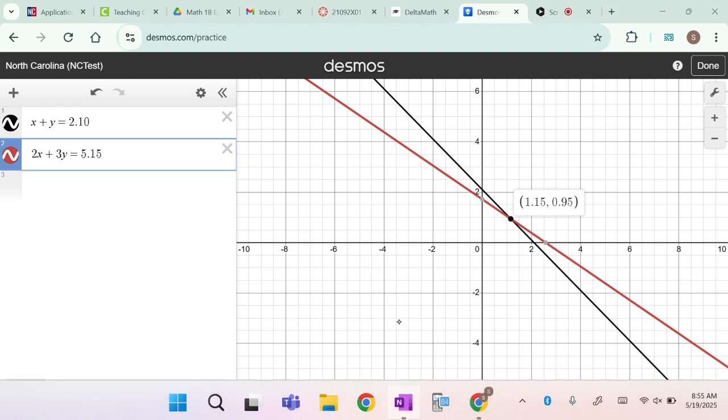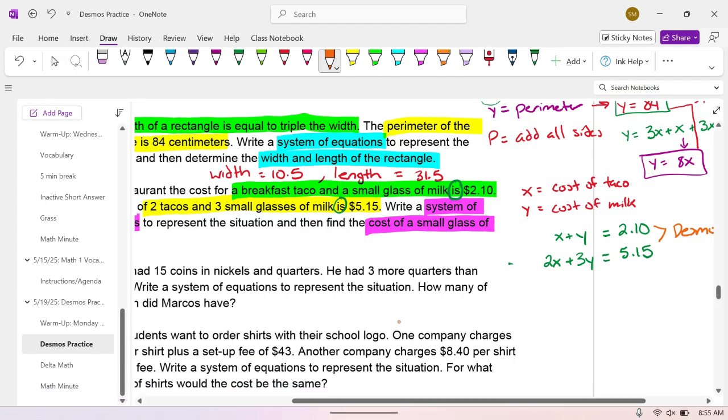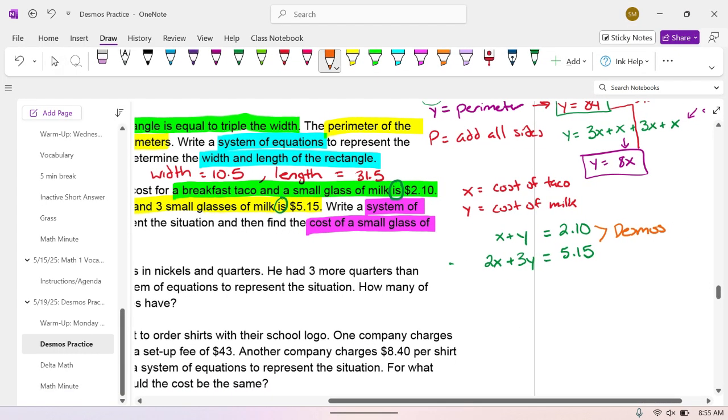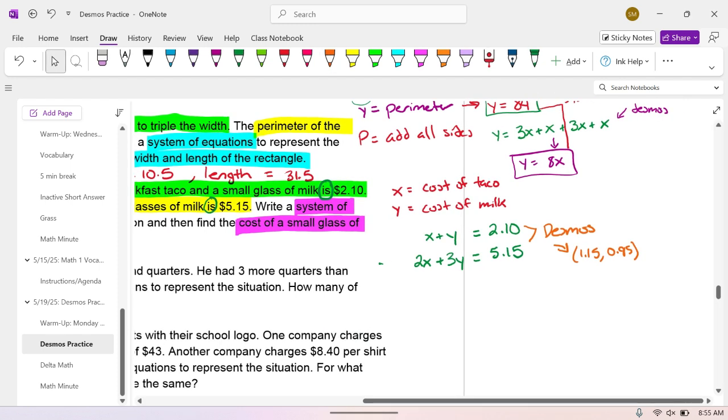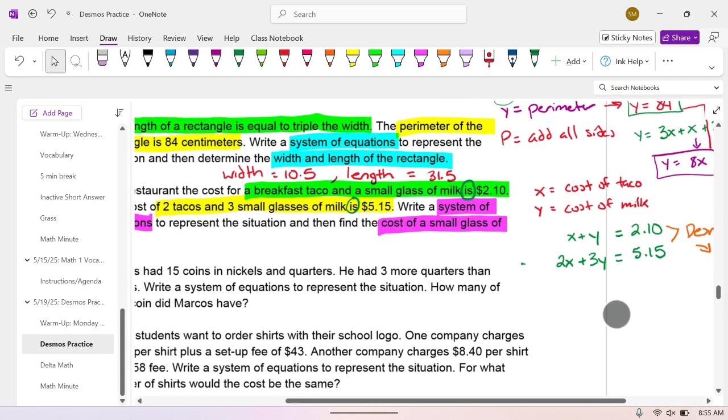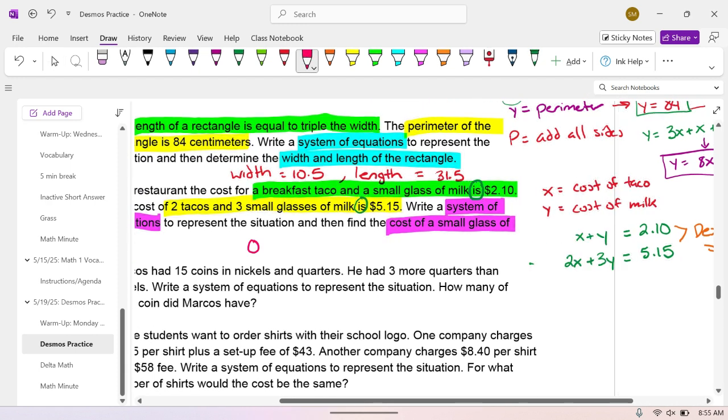All right. So that's when you would go back to your variable. So our answer would have been 1.15, 0.95. And since we want the cost of the glass of milk, that comes from here. So our answer is 95 cents.